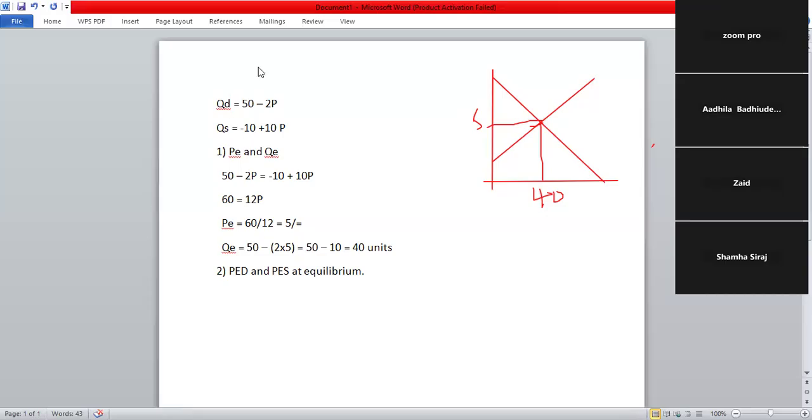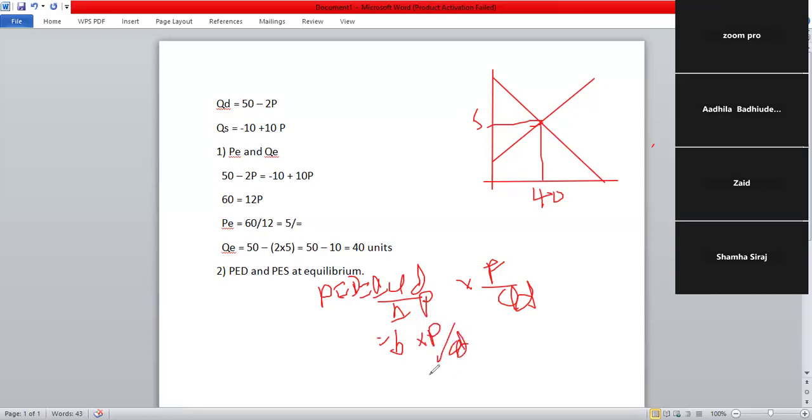PED and PES at equilibrium. So PED, delta QD over delta P into P over QD. B into P over QD.